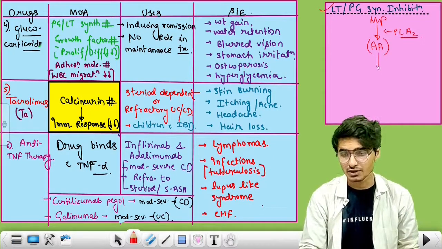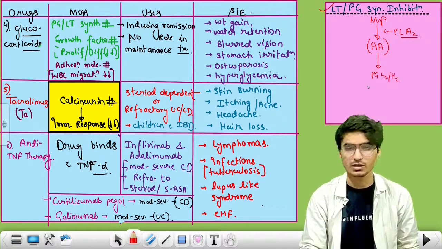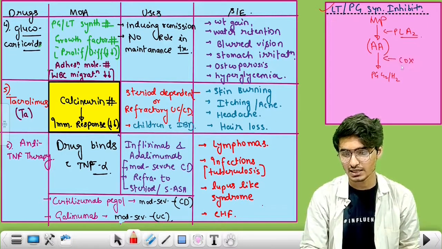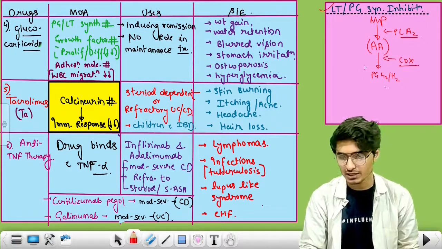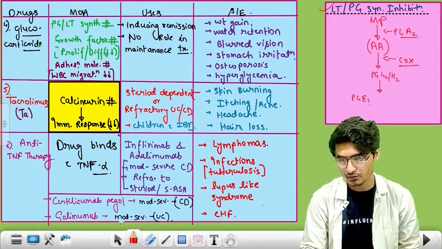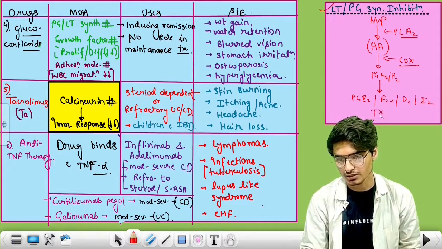And this is converted into PGG2 or H2, right? And this is done with the help of the cyclooxygenase enzyme, right? And subsequently this is converted into PGE2, F2 alpha, D2, I2, and next is thromboxane A2.